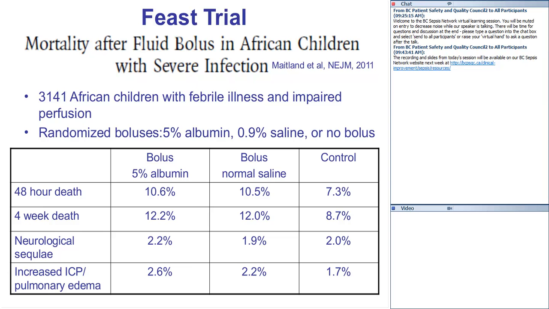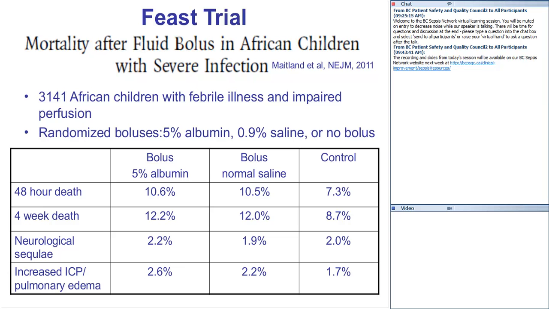And I can tell you that this study has generated a lot of discussion, controversy, and emotion with regard to how we interpret these data, because many folks say, well, come on, this was done, number one, in kids in Africa, in a low-resource country where intubation is not possible, giving vasopressor is not possible, putting EVDs in for high ICP is not possible.